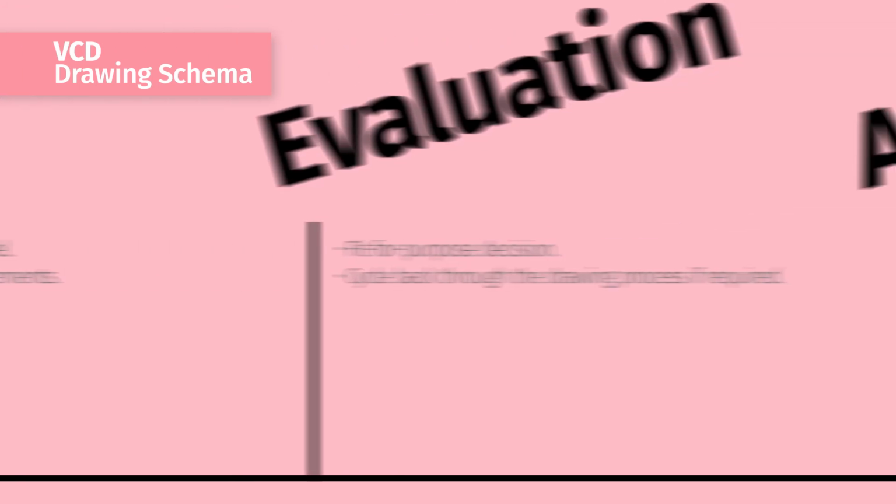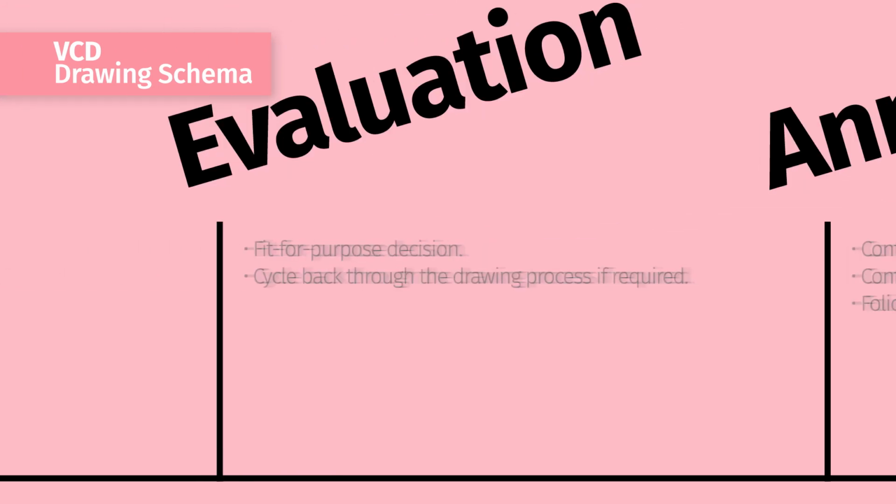The next step is evaluation. So it's kind of a step beyond analysis. So it's kind of a final decision, like fit for purpose. So is my drawing correct for what I've done? If not, cycling back through the drawing process if required. So it's really important to be empowering students to be able to make these sorts of decisions and be feeling confident and comfortable in doing so.